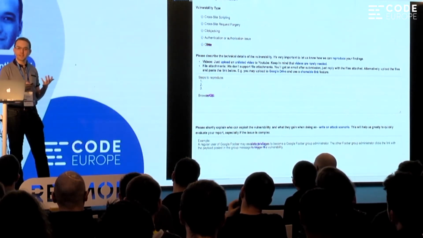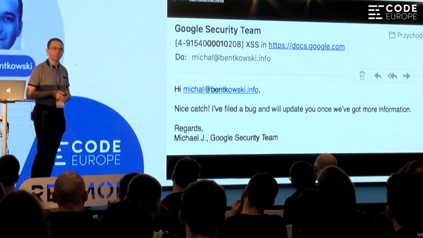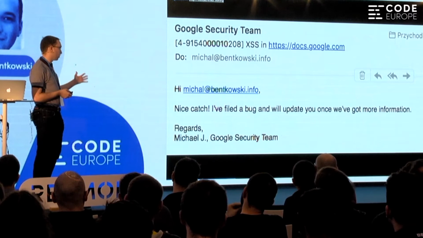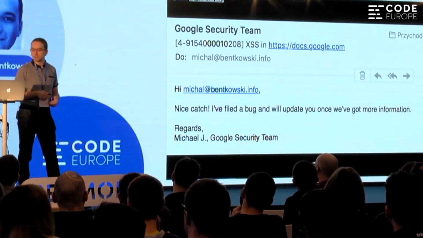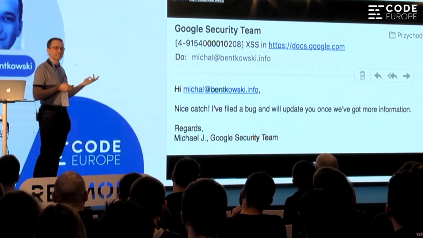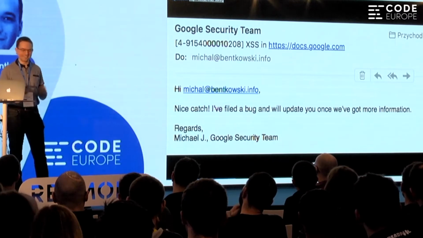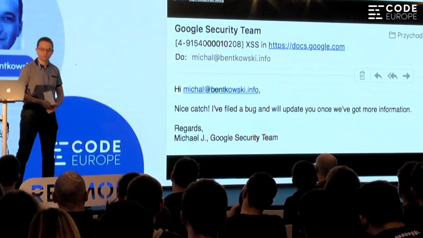If everything goes fine, after a few days, you will get a response from the Google security team, which should go like that. I remember that when I reported my first security issue to Google, I thought, wow, it is nice that they think it is a nice catch, but they respond like this all the time. Only different persons are in this signature.